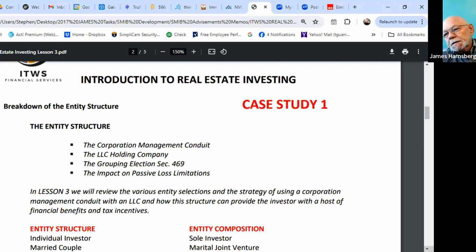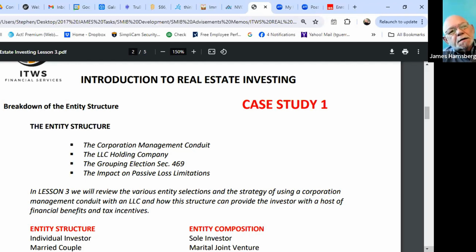The corporation is a 10% owner, for example, and you're a 90% owner, but the corporation gets 90% of the profits and losses and distributions through a K-1 that goes up to the corporation.